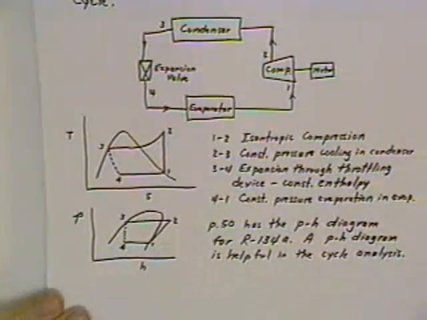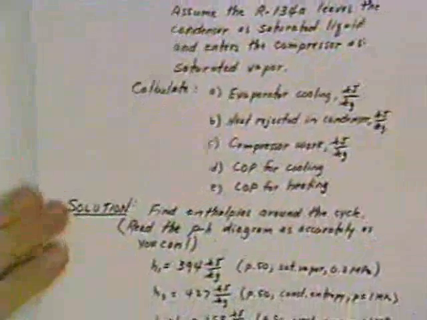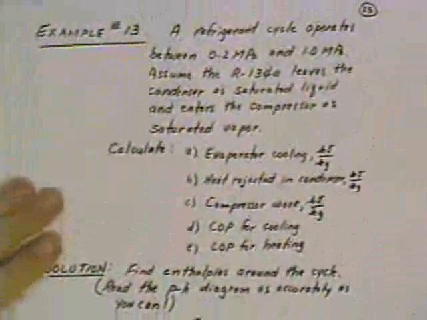So this is the type of cycle that we use for analysis. It's a very simple cycle, and we don't assume that there are any losses, so what we're doing is just going through an ideal cycle analysis. So let's take an example now of how you do an analysis for a refrigerant cycle.